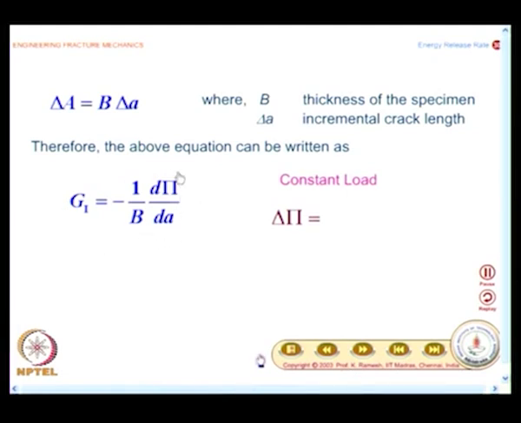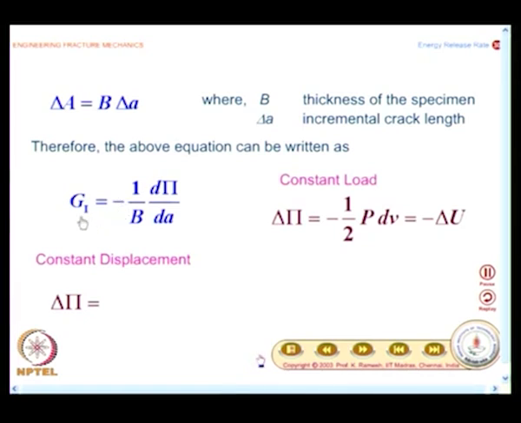So, you will have to calculate the term d capital pi by dA for a given situation, and we would look at what is the result for a constant load as well as constant displacement. For a constant load, delta pi is given as minus 1/2 P dV, that is equal to minus of delta u. So, minus of delta u, when you put it here, minus of minus becomes plus.